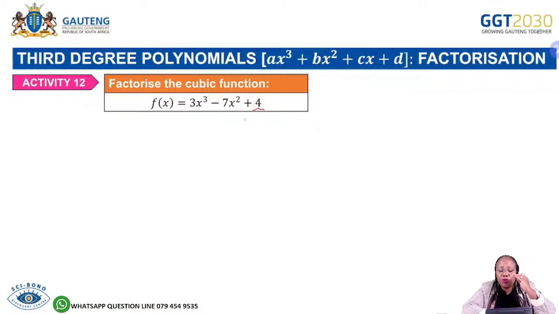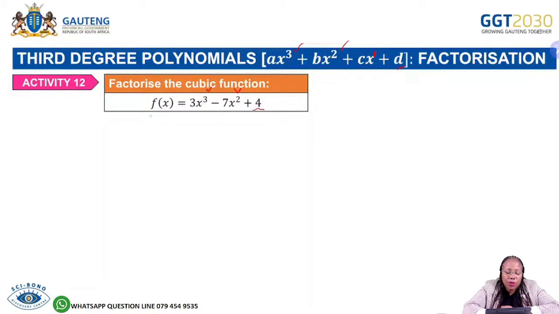For such cases, other schools use synthetic division, others use long division, but I'm going to use the short method of factorizing a cubic. Follow me on this one. That is the easiest method ever. You start by checking. Remember, it's a cubic, it must have exponents 3, 2, 1, and then no x. We have 3, we have 2. Can you see exponent 1 is missing?